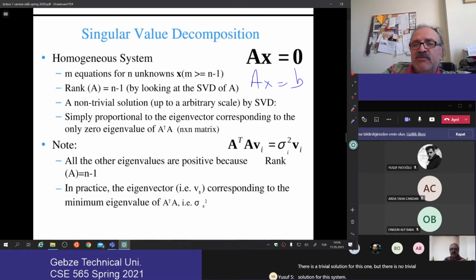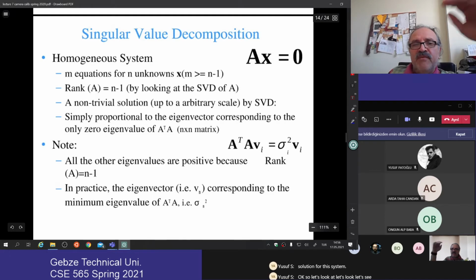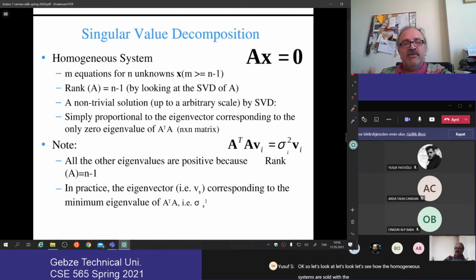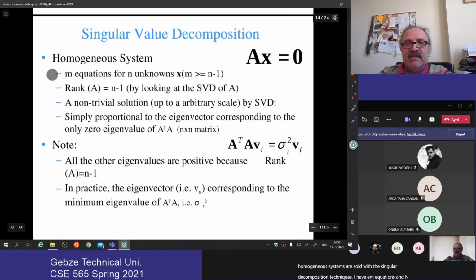Okay, so let's see how homogeneous systems are solved with singular value decomposition techniques. I have m equations and n unknowns, like in our case. With this system, if I look at the rank of A, that is the number of non-zero singular values, it has to be n minus 1.